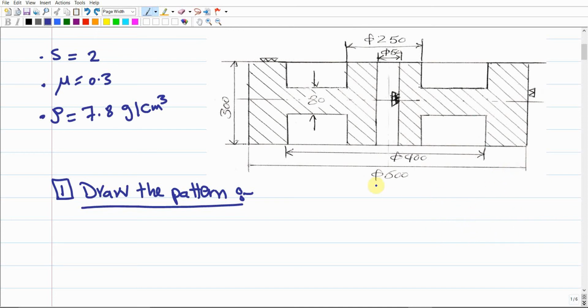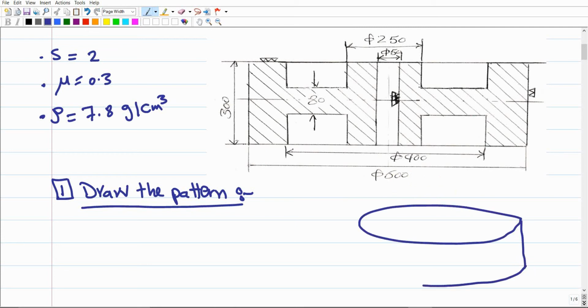But how it looks is very important to understand. If you see that we have something with a diameter of 600, start with the big diameter to come up with the shape. In addition, there is a height of 300. So we have a big circle with 600 diameter and a height of 300, a complete cylindrical shape, but there are some other details inside.